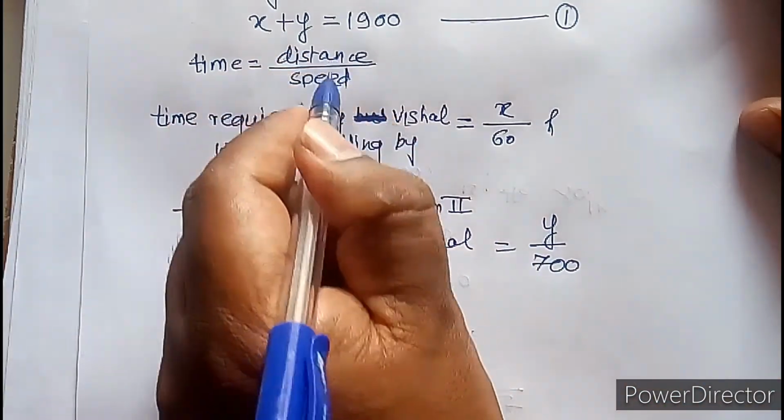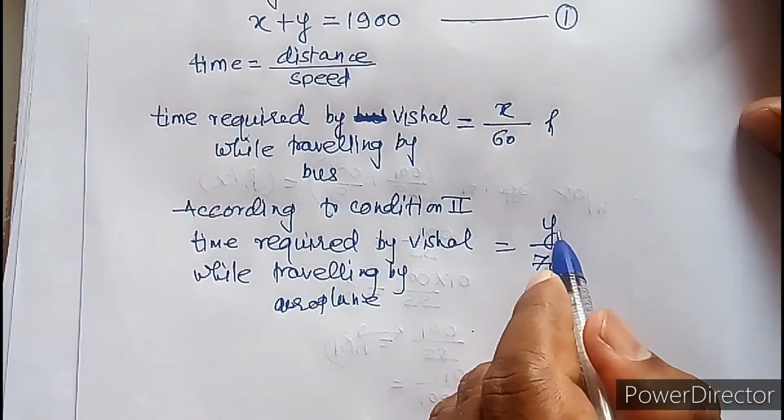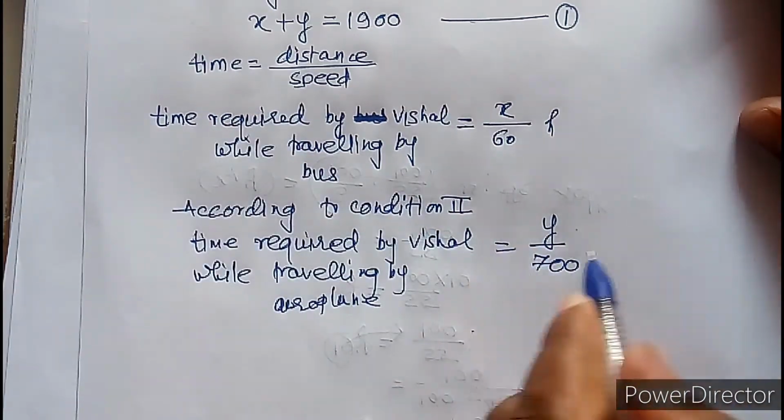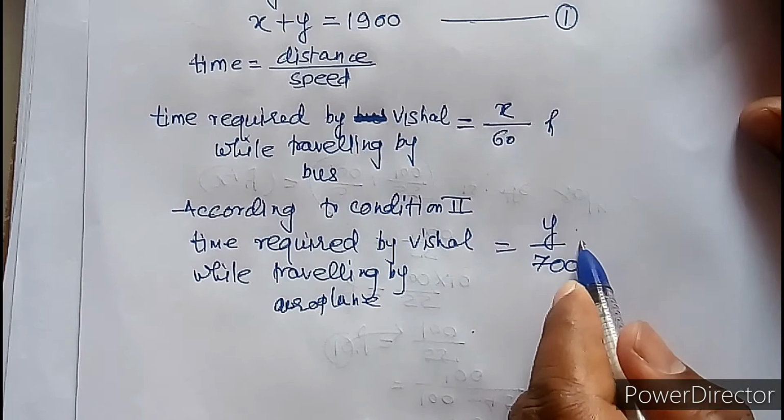Therefore by putting in this formula, distance covered by aeroplane y and speed is 700, we get y by 700 per hour.